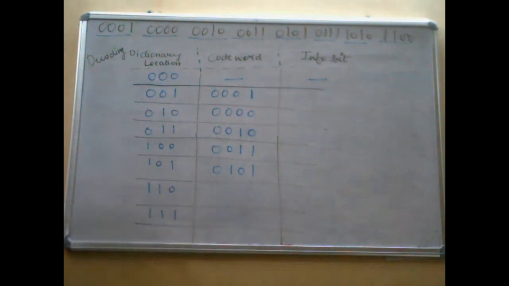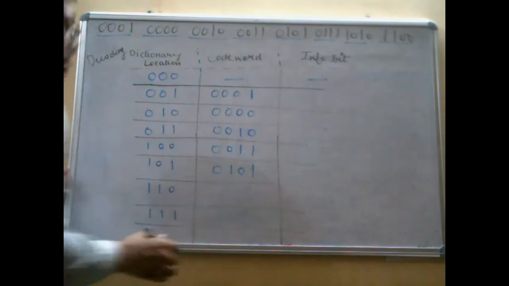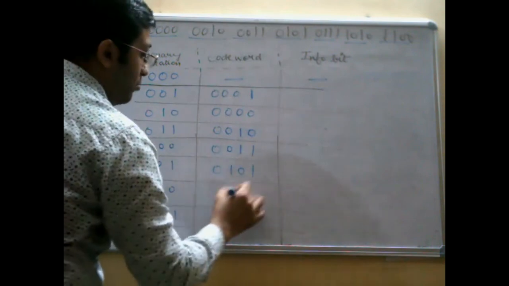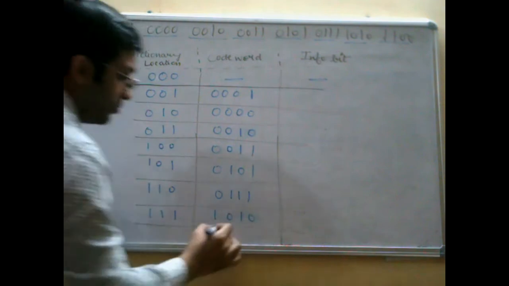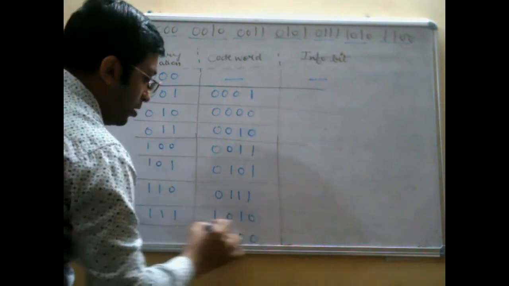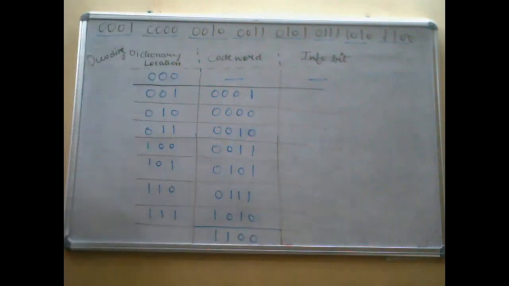Just draw the table once again if you have done this. These will be the values.